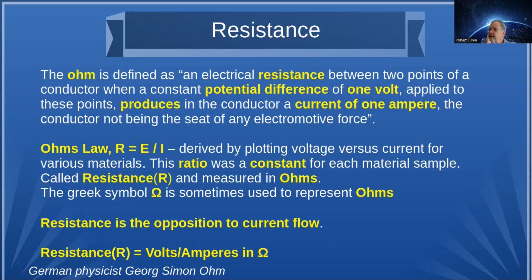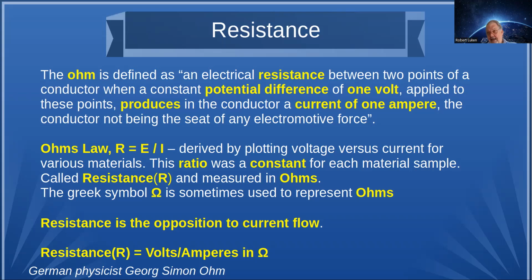And the other important thing, it is frequency independent. So a 1 ohm resistor has the same amount of opposition to current flow for a DC or direct current circuit as it does for an alternating current or RF.